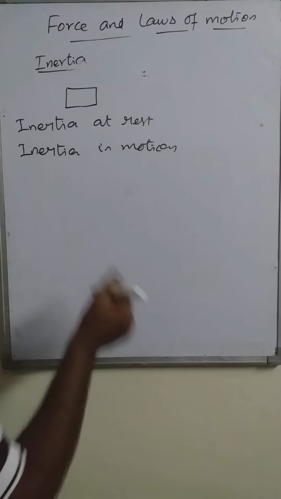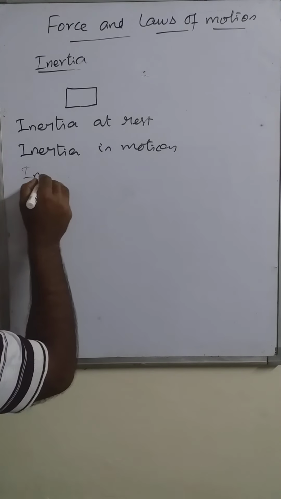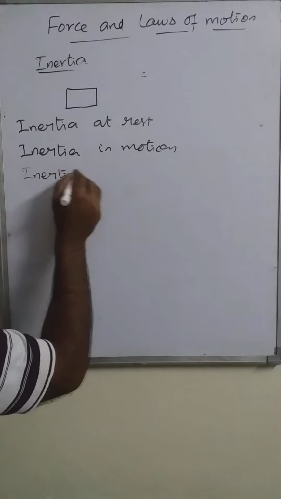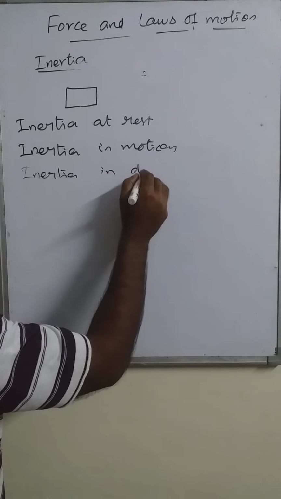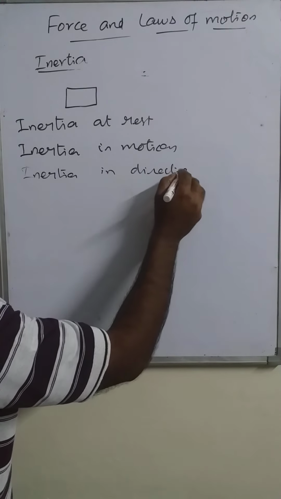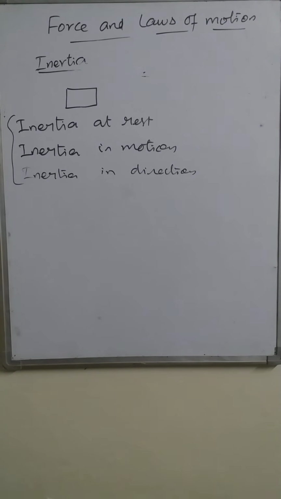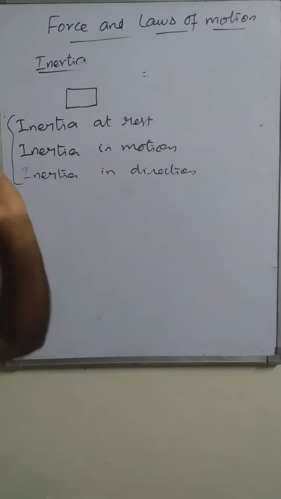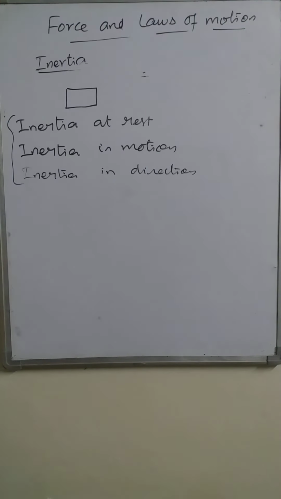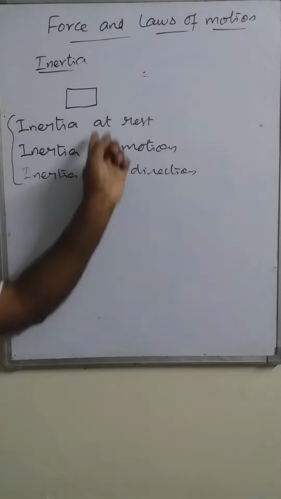That we call inertia in direction. These are the three types of inertia: inertia at rest, inertia in motion, inertia in direction. There are so many examples for these.